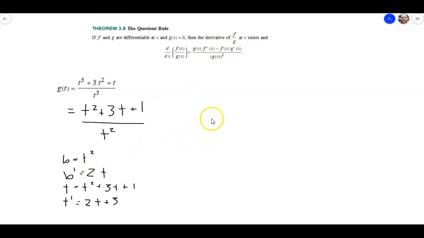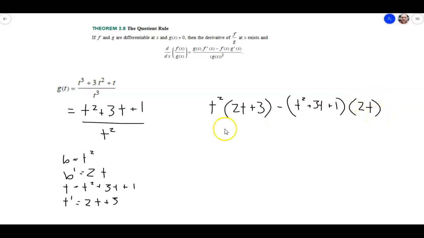So this is going to be the bottom, so t squared, times the derivative of the top, which is 2t plus 3, minus the top, which is t squared plus 3t plus 1, times the derivative of the bottom, which is just going to be 2t, all over the bottom squared. So that's going to be t to the 4th power.